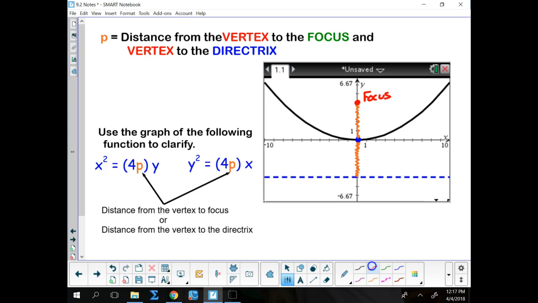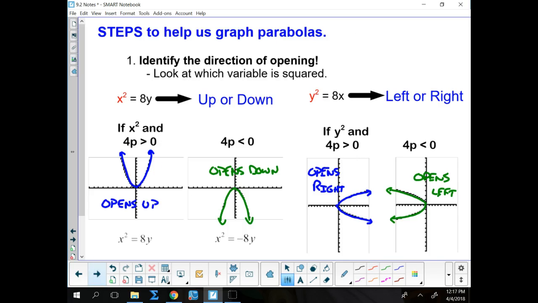Okay? So, step number 1 says you need to determine which way the graph opens. Okay? You determine that by looking at which term is squared.